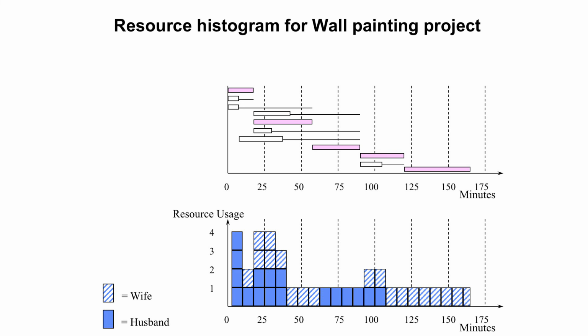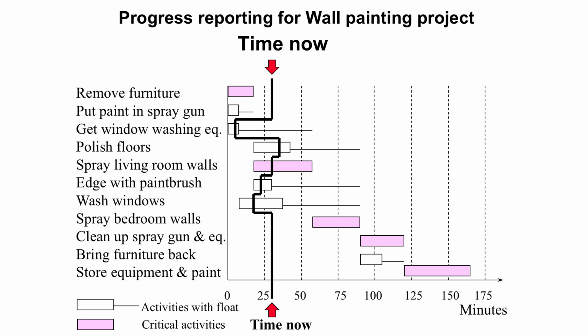As an additional thing, I want to show this picture, now that we have finalized the calculation of the network into a Gantt chart presentation. This Gantt chart is very useful also in following project progress by adding this kind of broken line to the Gantt chart. Here we have the time now, which is 30 minutes.